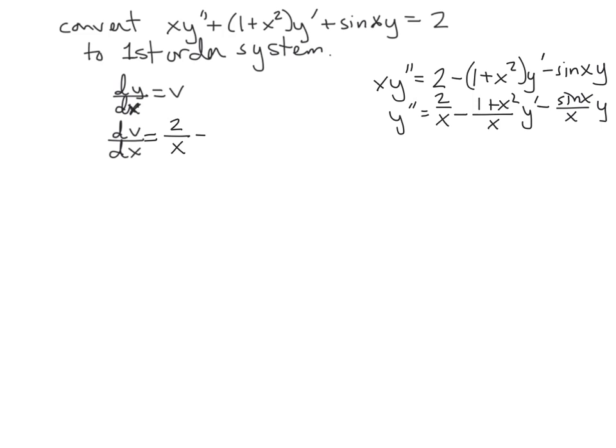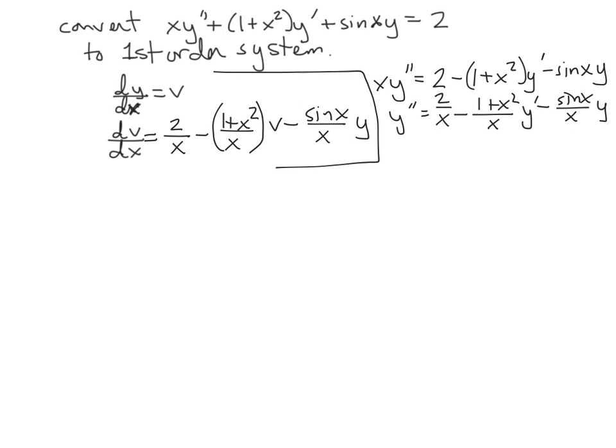2 over x minus 1 plus x squared over x, except for this time, instead of y prime, we've already determined that y prime is v, minus sine of x over x times y. Right, so there's our system of differential equations.